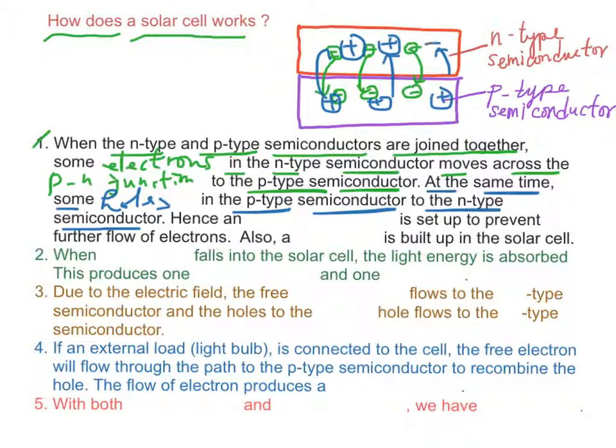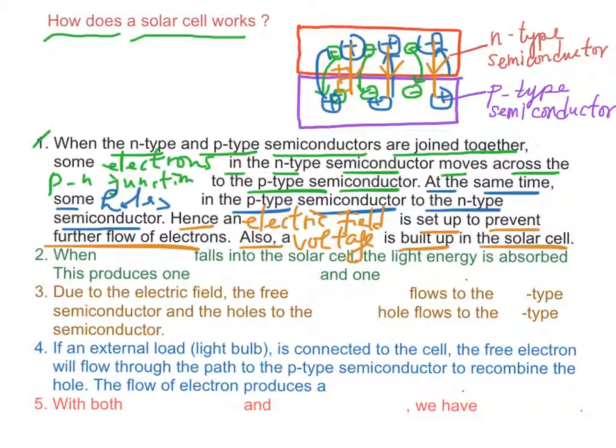Hence, an electric field is set up which prevents further flow of electrons. Also, a voltage is built up in the solar cell.